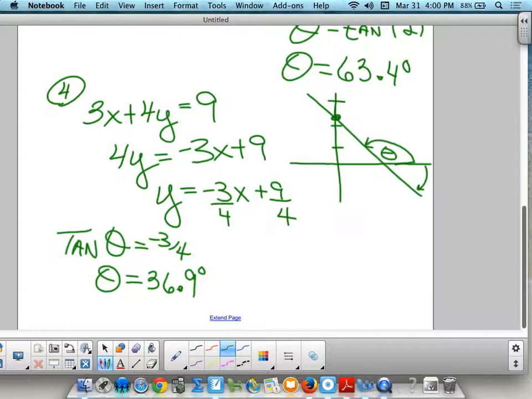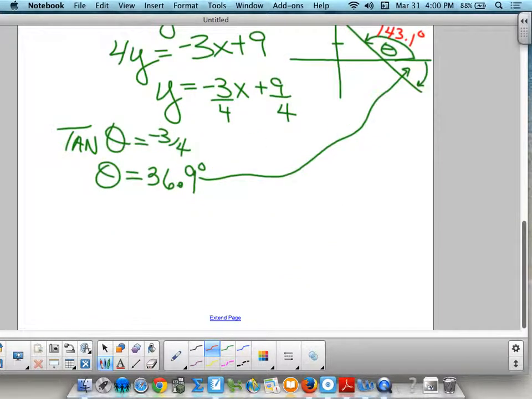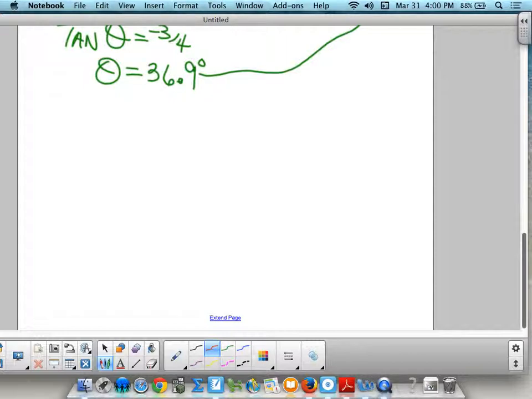I think I got a different answer in class. I went a little further out with my decimal. If that's 36.9, then this angle is 180 minus 36.9. I've got an answer on my paper at 143.1. There's the answer for tomorrow's quiz. Angle of inclination.